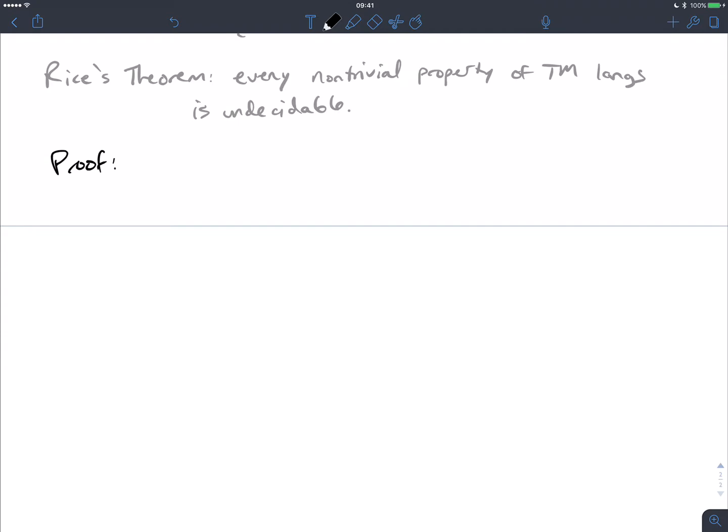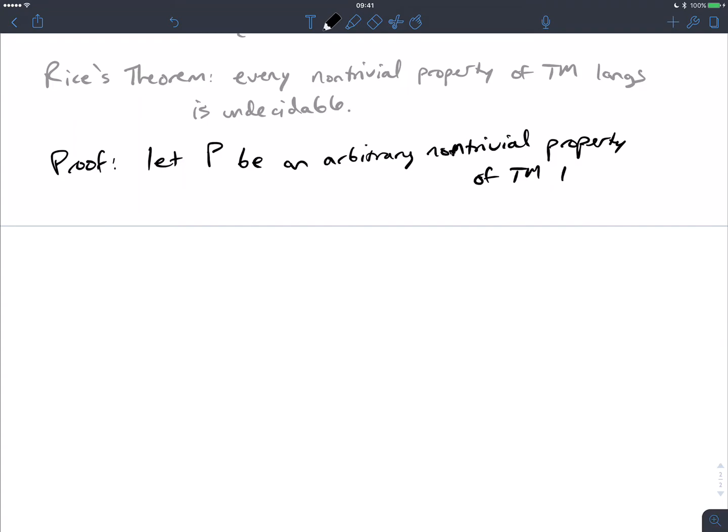If we assume that this property is decidable, and I can show that using that decider, I can decide something that is already undecidable, then there's no way that this thing could be decidable. Because if it were, then I could decide this undecidable problem, which certainly can't happen. Let me just write this. So let P be an arbitrary non-trivial property of TM languages.